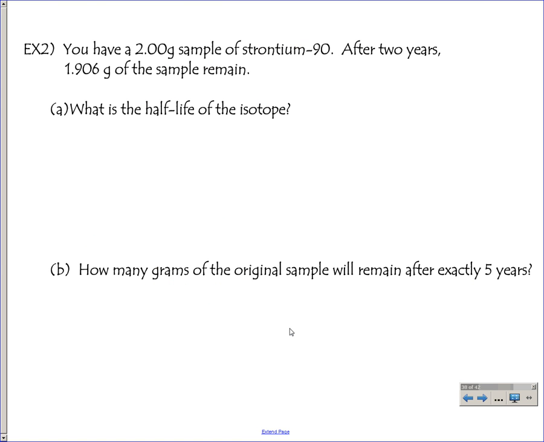Let's do one more. If you have 2 grams of a sample of strontium-90, after 2 years, 1.906 grams of the sample remains. What is the half-life of the isotope? We're also going to use both of these equations. We're going to use the first one to determine K, and then plug K into the half-life equation, T1/2 is equal to 0.693 divided by K. So let's do that.